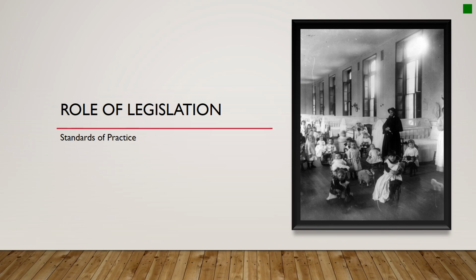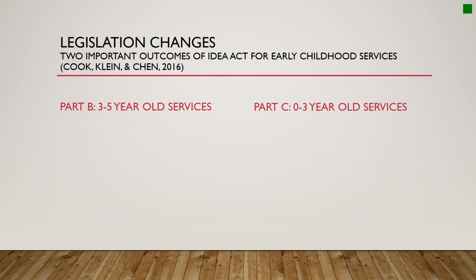But basically, there's a general trend that we wanted to transition children out of these institutionalized settings and towards inclusion and teaching. And we're still on that trend today. And as far as legislation changes that heavily impact our coursework here, I want to bring your attention to two important outcomes of the IDEA Act.